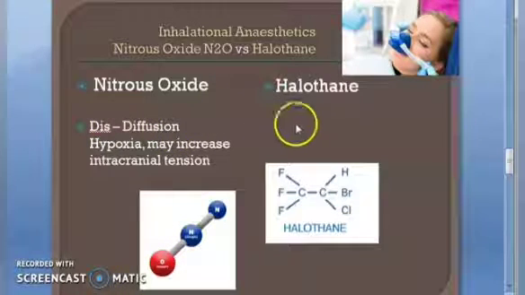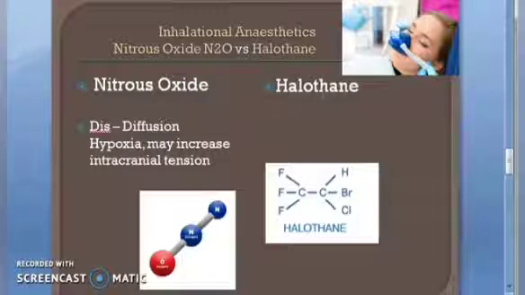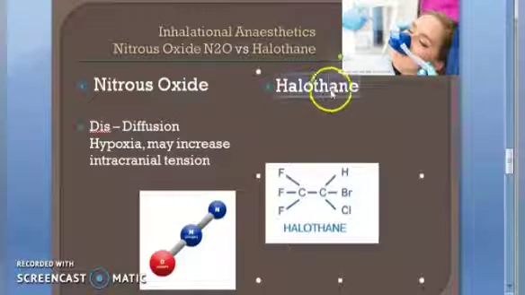Let's move on. Halothane sensitizes the myocardium to catecholamines. It may precipitate arrhythmias, so it is not as good as nitrous oxide. Halothane is expensive, but nitrous oxide was cheap.